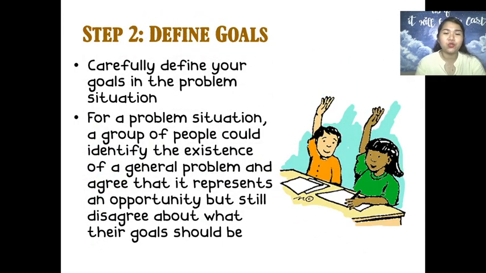Second step is to define the goals. Okay, so in defining the goal, of course, you need to carefully define your goals in the problem solution. So, with the cell phone, no? Say, for example, you have identified the problem and the opportunities. Ngayon, ano na ba yung goal na dapat mong gawin?